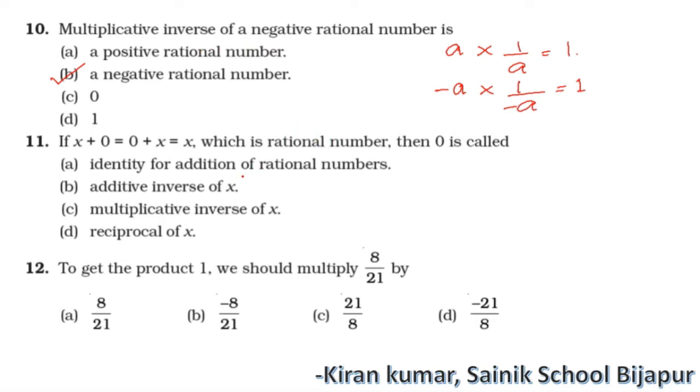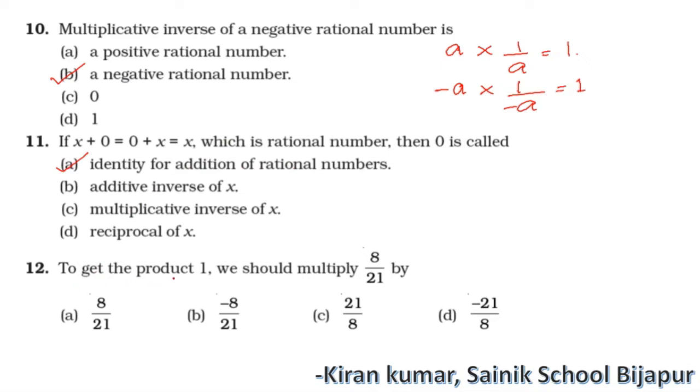Statement number 11. X plus 0 is equal to 0 plus x, which is equal to x, which is a rational number. Then 0 is called the identity for addition of rational numbers. 12th one.